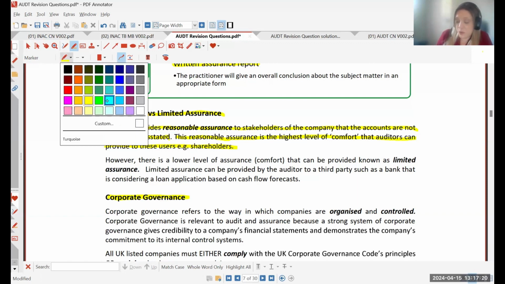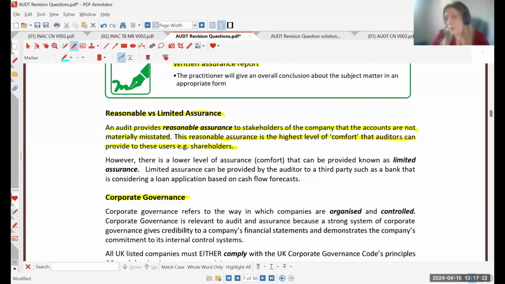It is possible that auditors can say, well, we can't provide reasonable assurance, but what we can provide is limited assurance. So your limited assurance, this is a lower level of assurance, comfort, that can be provided. And limited assurance can be provided by the auditor to a third party, such as a bank, that is considering a loan application based on cash flow forecasts.